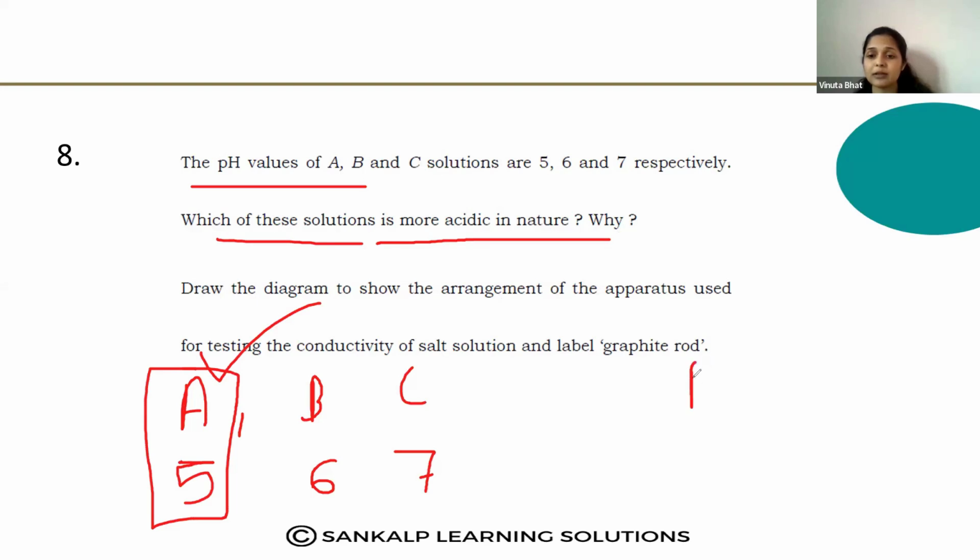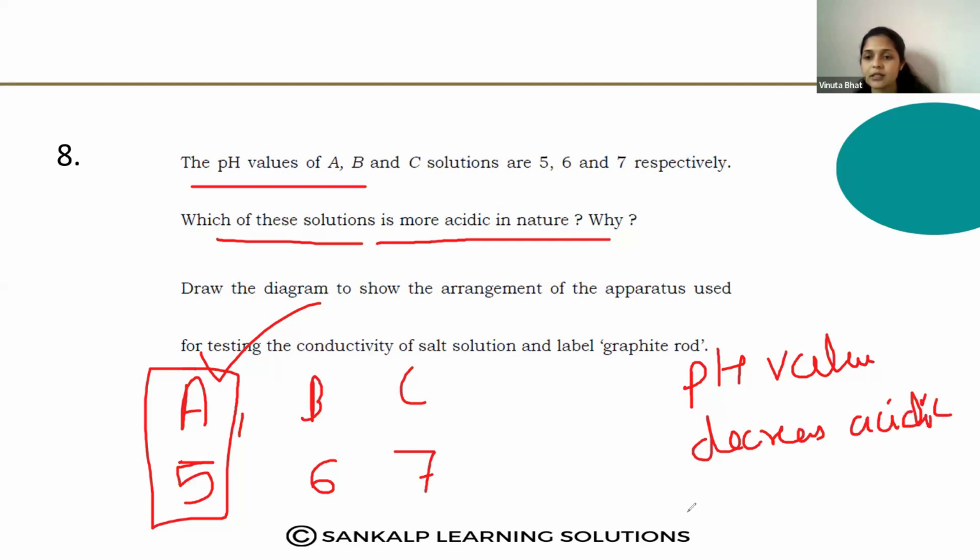When the pH value decreases, acidic nature increases. Acidic nature increases. Okay. So that is very important.